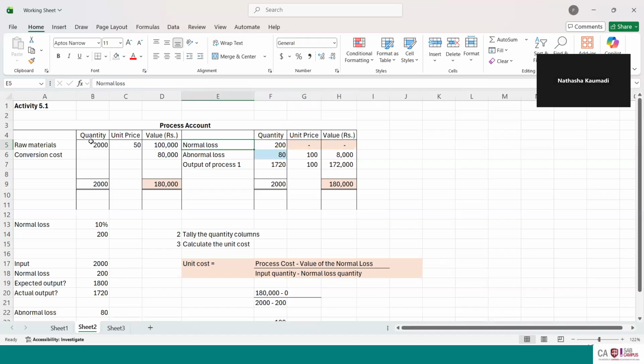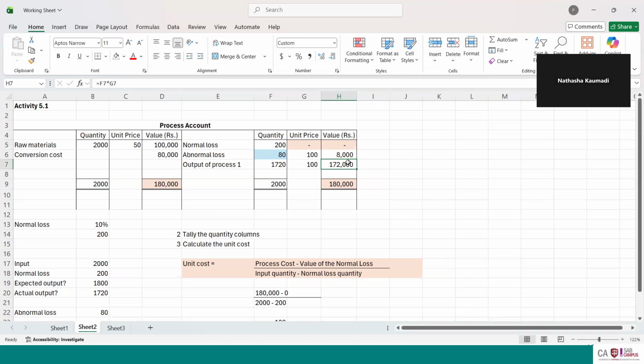I told you always normal loss value, whatever the amount that should have been recorded here, we record this value as part of the good output. So if we write the value here, we can't write it again as part of the good output. That is why without writing a value in the normal loss cell, we include it in the cost of the good output. So that is the basis of not putting a value for normal losses.